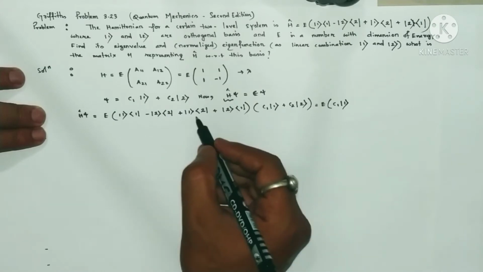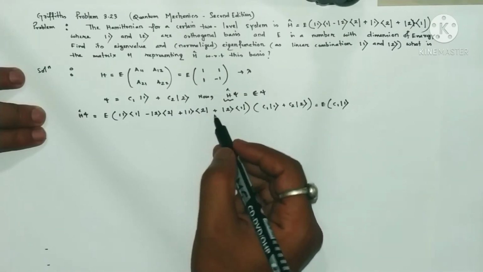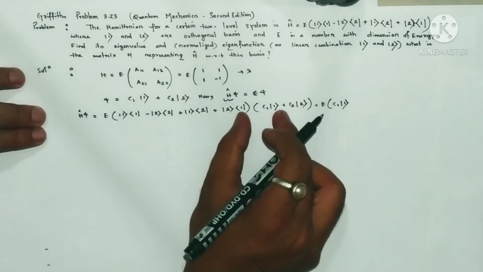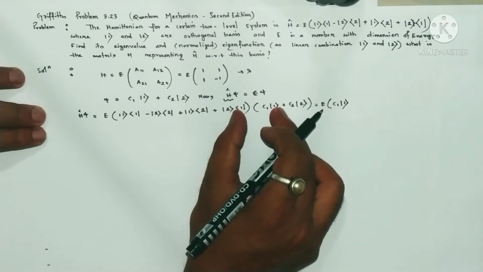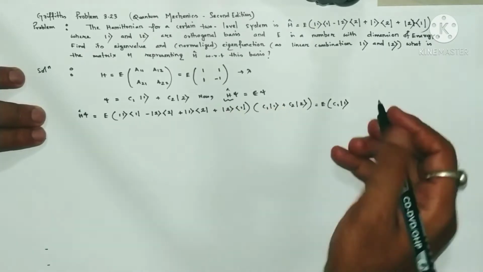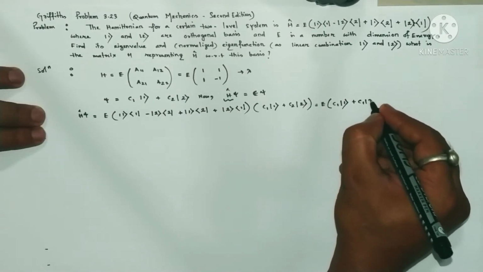Then again C1 operating on this ⟨2| will also be 0. It will only exist in the case of ⟨1|1⟩, because the inner product of 1 and 1 will give you 1. So the coefficient of C1 multiplied by ket 2, so plus C1 ket 2.